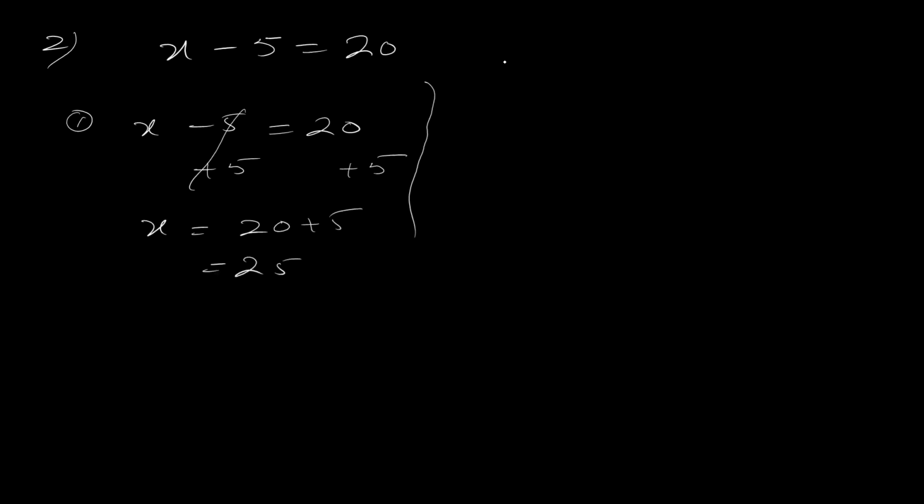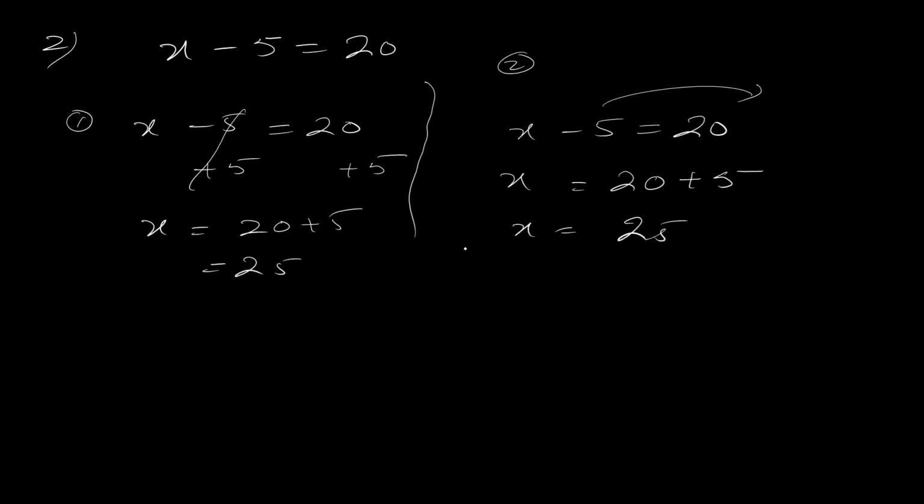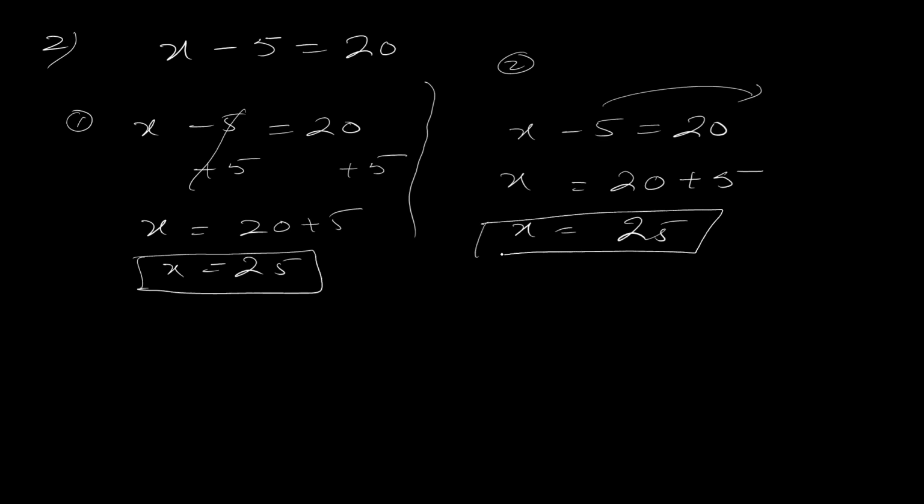And if we use the second method, x minus 5 equals 20, we take 5 to the other side, then 20 plus 5, because negative 5 will become positive 5. So x equals 25. In both cases, you get the same answer. I prefer the second method because it has fewer steps.